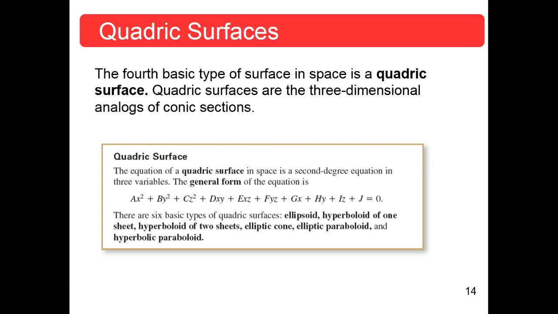Now, if all 3 of these are the same sign, generally plus, then that's going to be an ellipsoid. Okay?